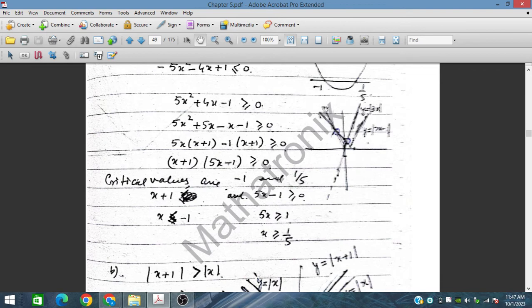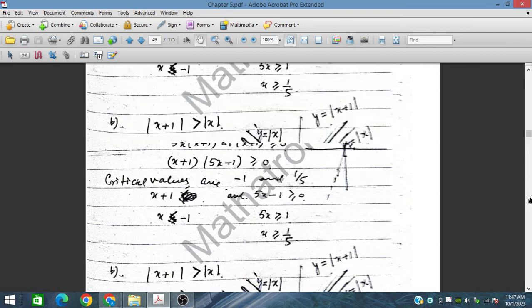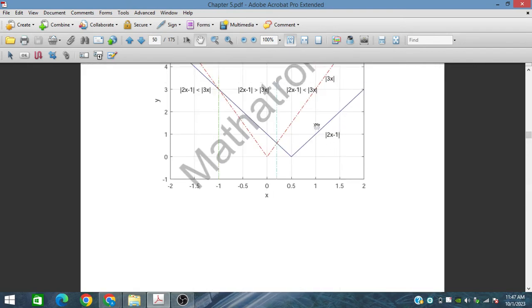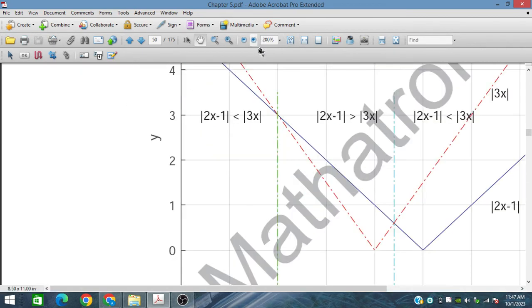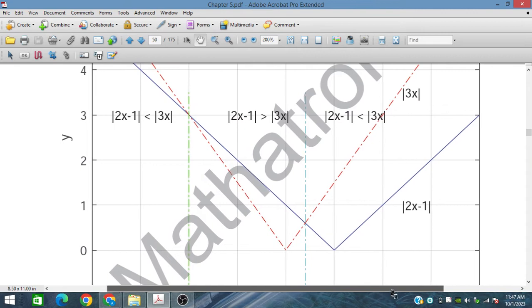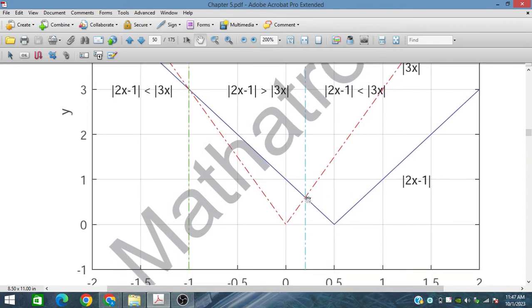This region and this region, above this and above this. And in the diagram, this red line in this region, this is 0.2, which is 1 over 5, and here this is minus 1.